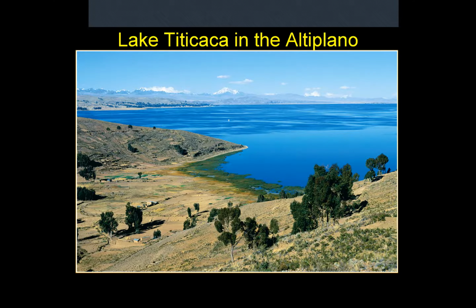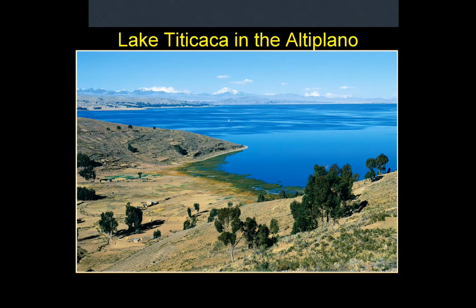And then here's Lake Titicaca in the Altiplano. The mountains in the background are in Bolivia. On this side, we're in Peru. During our study abroad, we get to go to Lake Titicaca and take boats out, as you saw in the video, and we get to stay on an indigenous island with local families, and play soccer and hike and have a good time and learn a lot about their cultures.